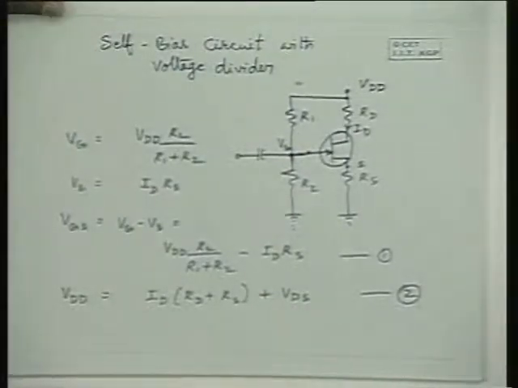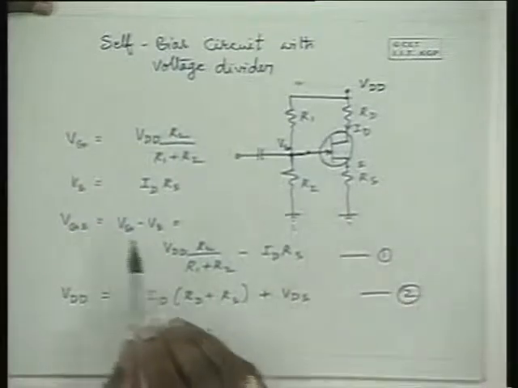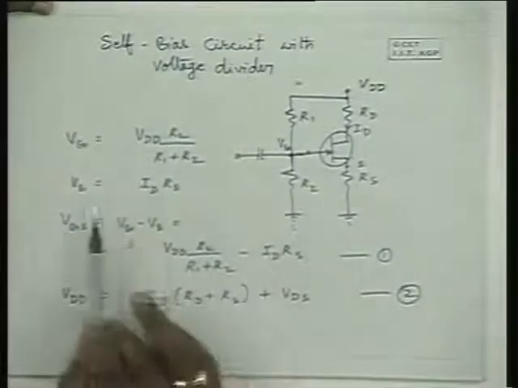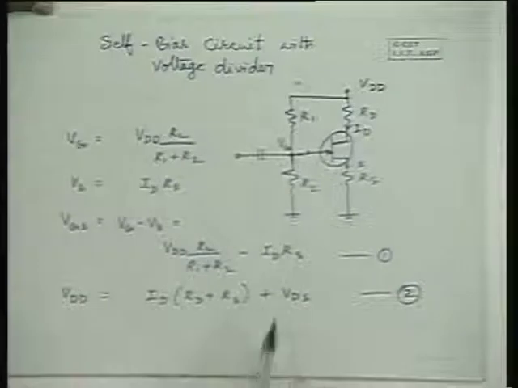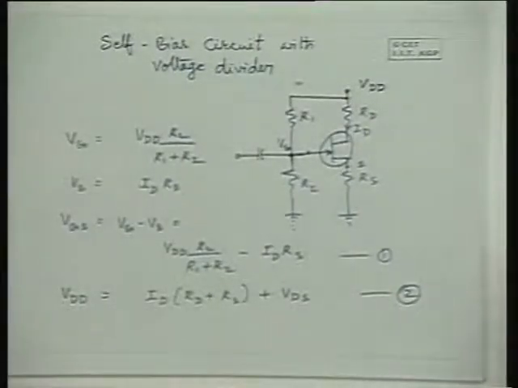Now the design problem is the reverse problem. Given the circuit and the Q point, ID and VDS, you have to find out RD, RS, R1 and R2. You have more unknowns than the knowns, than the equations.